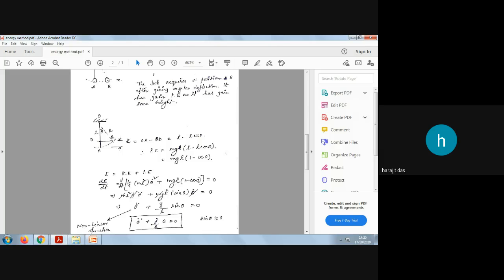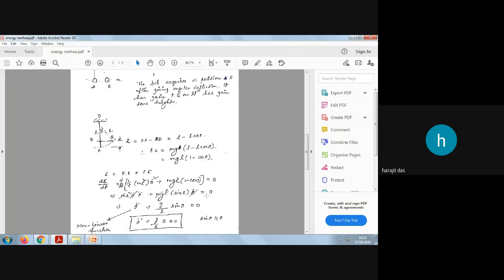Then for the term mgl, the derivative of 1 is 0, and minus cos theta gives sin theta, because the differentiation of cos is minus sin, so the minus sign becomes plus sin theta. Then for this theta you again need to differentiate, so theta dot will come.